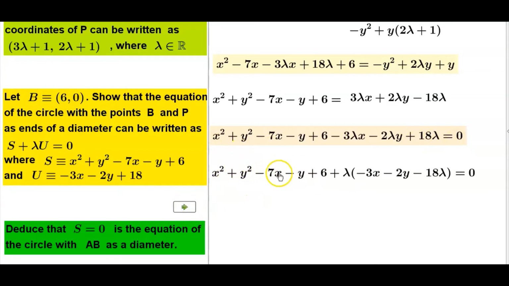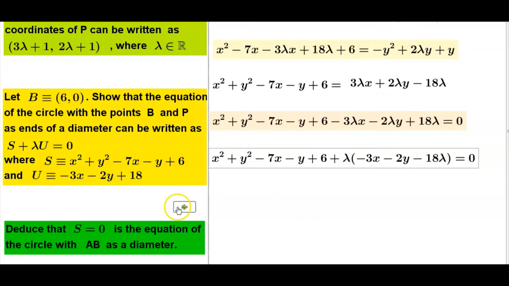x squared plus y squared minus 7x minus y plus 6, plus lambda is the common factor, therefore plus lambda times the bracket minus 3x minus 2y plus 18 is equal to 0.